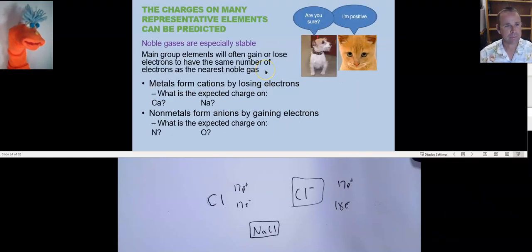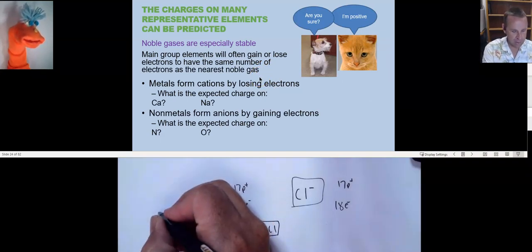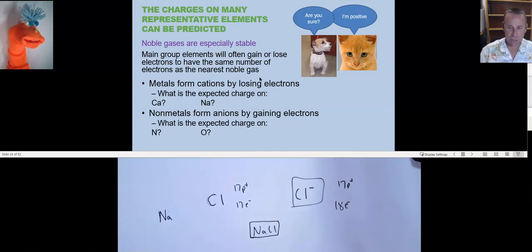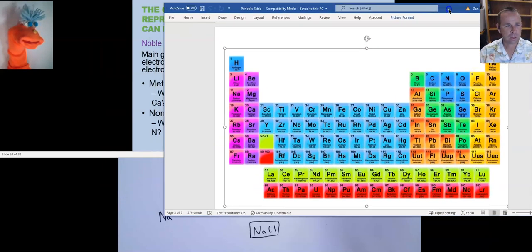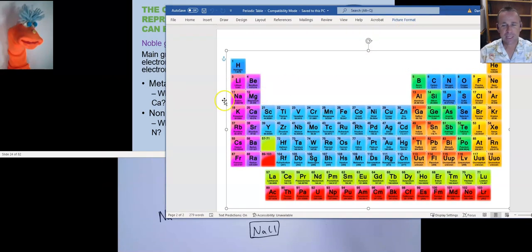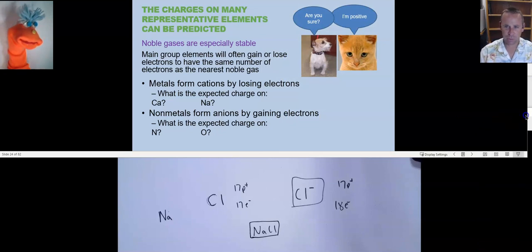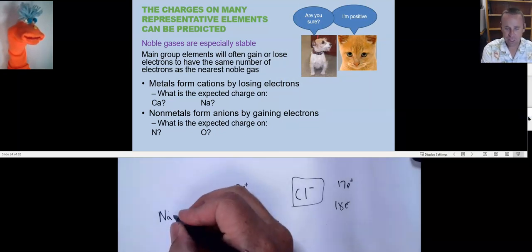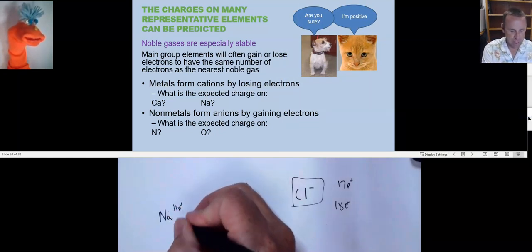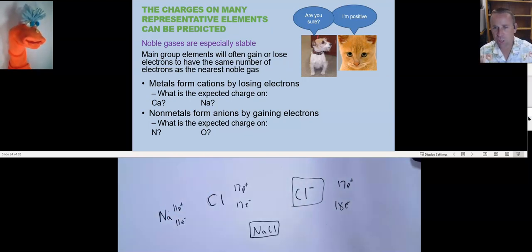So when I have a metal like sodium, let me bring up the periodic table so we can see it. 11 protons and 11 electrons, right, Fred? If I take an electron away, how many electrons is it going to have now?